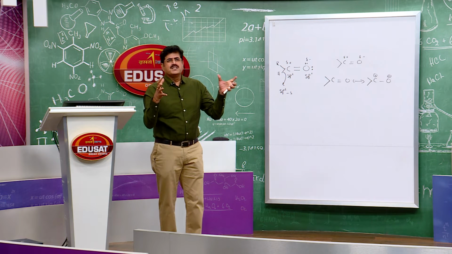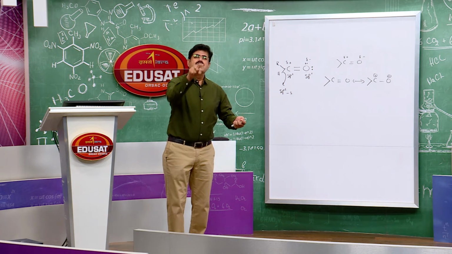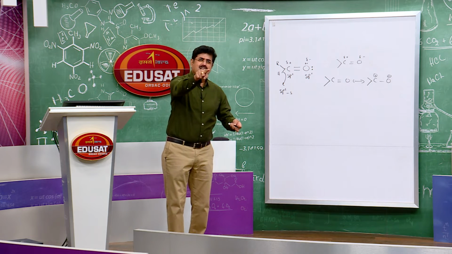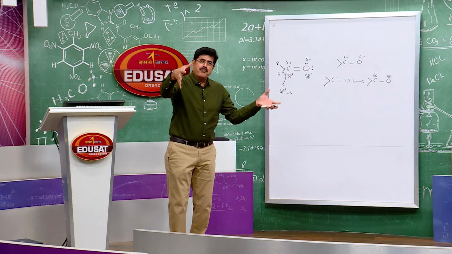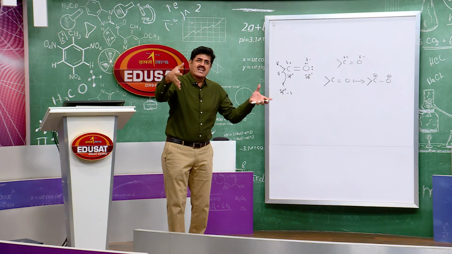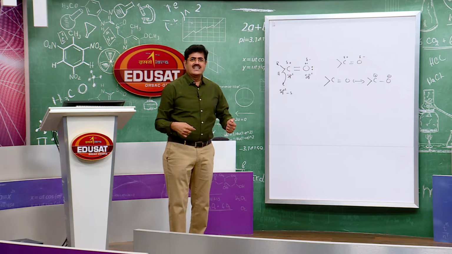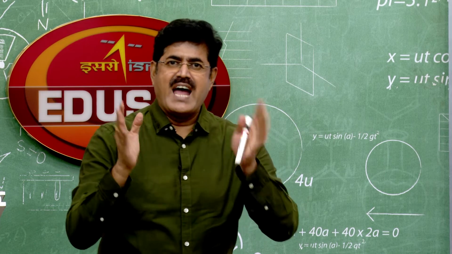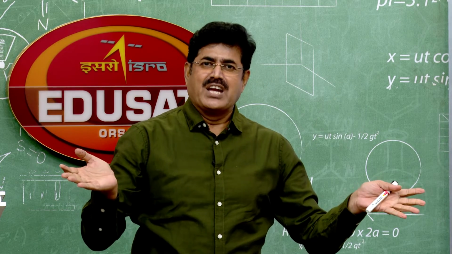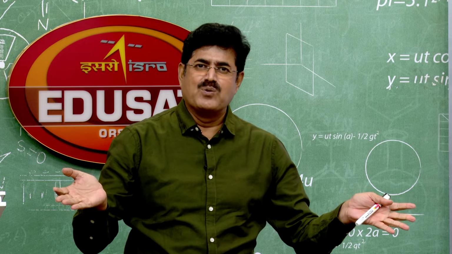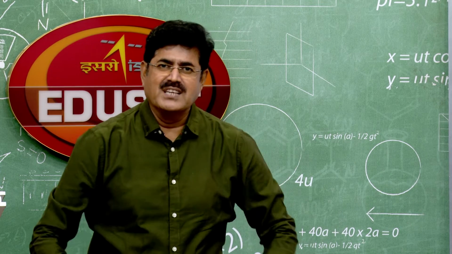Is that clear, students? The bulky nature of the alkyl groups hinders the approach of the nucleophile, so the rate of reaction decreases.